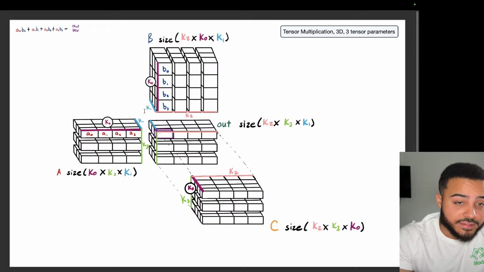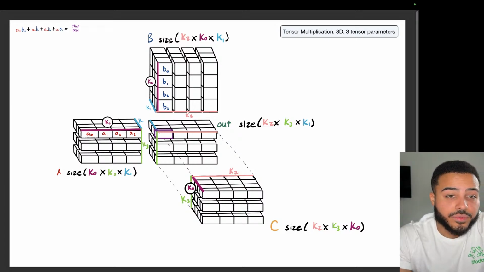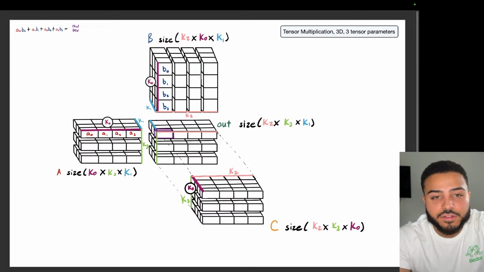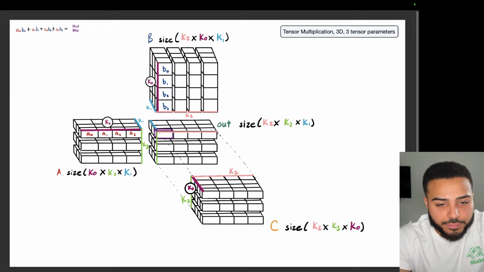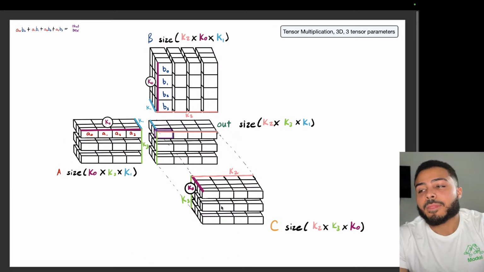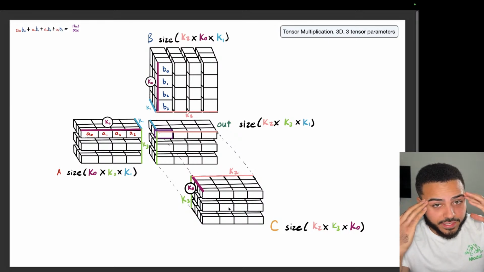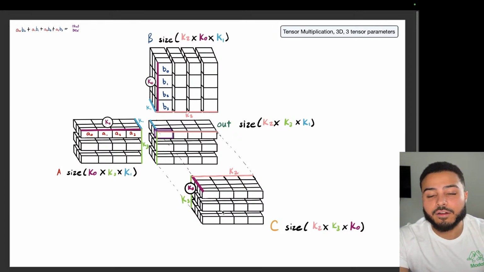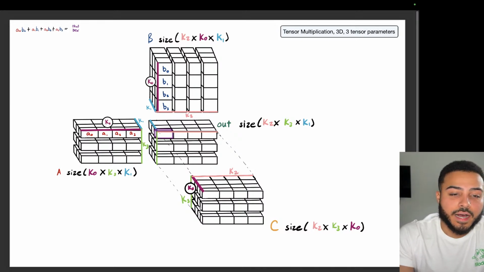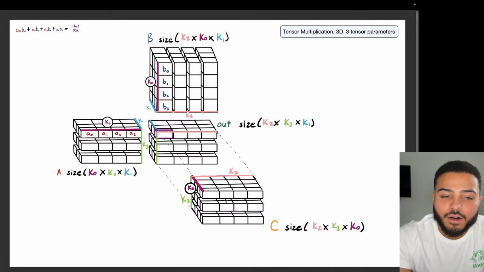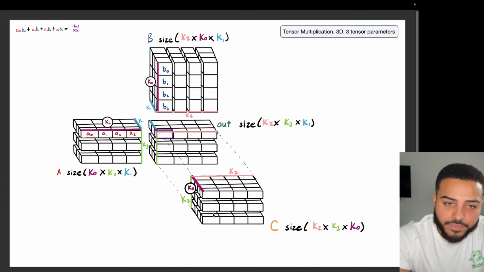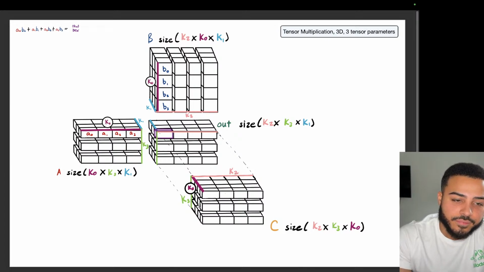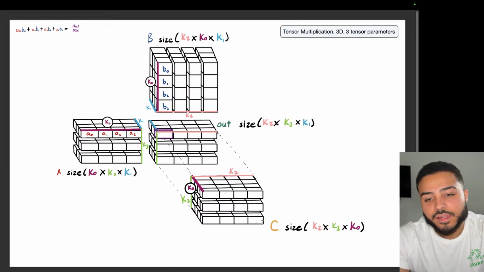B is your weights, so your weights times your data. B is the tunable thing. A is your input, and then we added C. C is how I've been envisioning it: people could architect this however they want, but I've been thinking about C also as an input. So A and C are inputs.